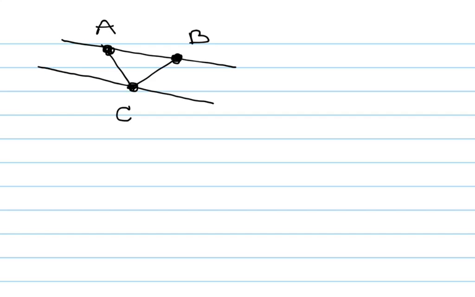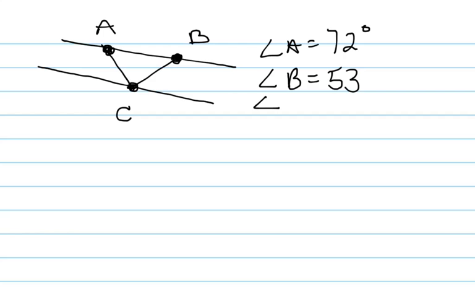What we do know is that angle A is equal to 72 degrees. Angle B equals 53 degrees. Oops, they don't tell us angle C, and they don't tell us any of the sides except side length C. So we have 56 here.